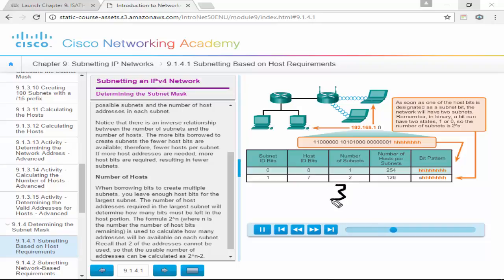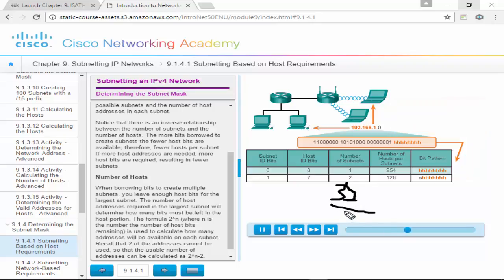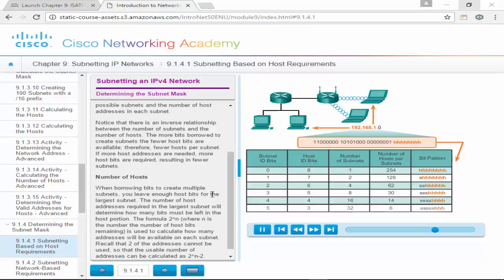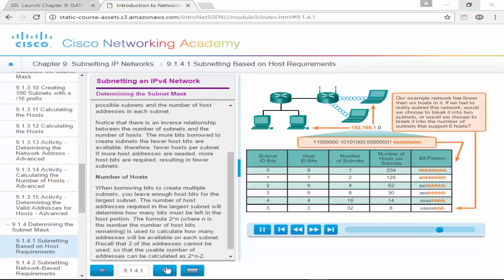So we can just take 32 minus the host bits. Say we needed 256 hosts, 8 host bits will give us a /24, and so that would be our prefix, or 255.255.255.0. Okay, so hopefully that's making sense.